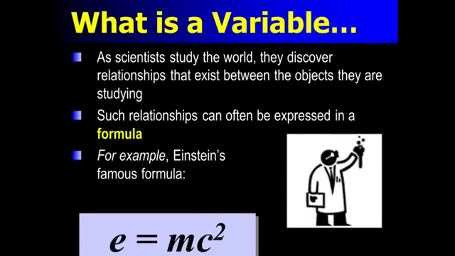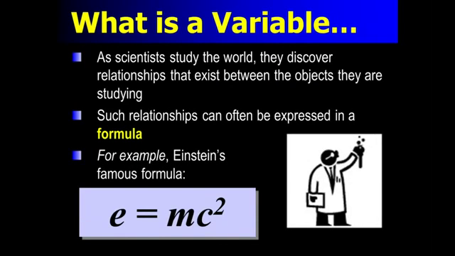Okay. So, obviously, people like scientists examine relationships in the world and often express those relationships in things like formulas, like, for example, Einstein's famous formula, E equals mc squared. I've even seen some of the students wear that as a t-shirt. Super cool. But that's perhaps the most famous formula in the world.